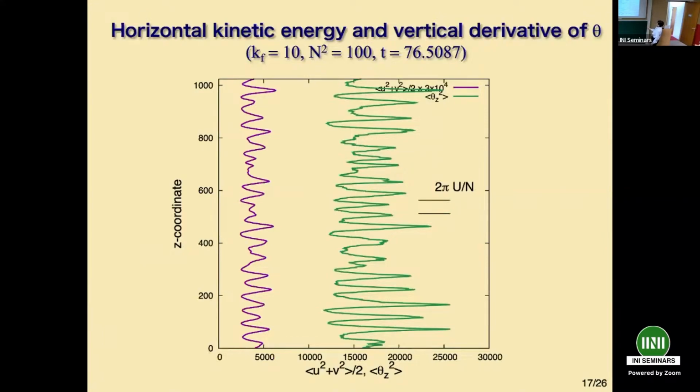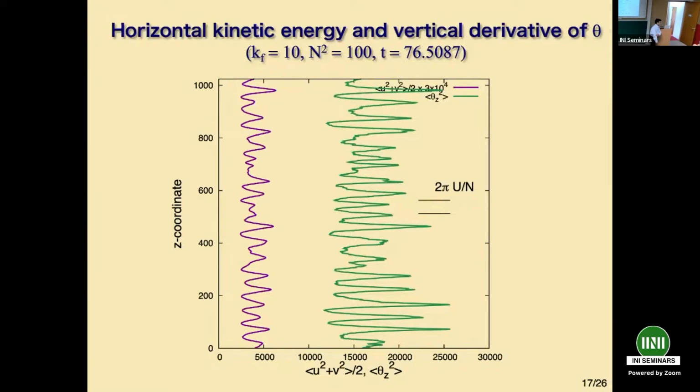This is a length which corresponds to 2 pi u over n, the buoyancy scale, which perhaps agrees with Karam-Caulfield's observation or theory. So the intervals of the spikes are proportional to the large buoyancy scale.